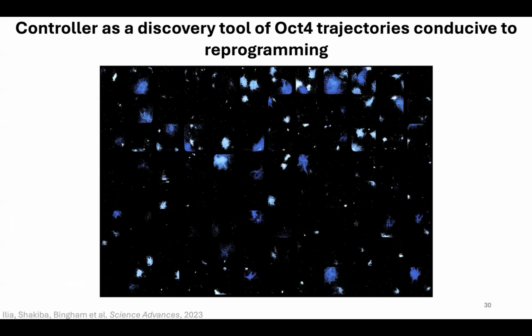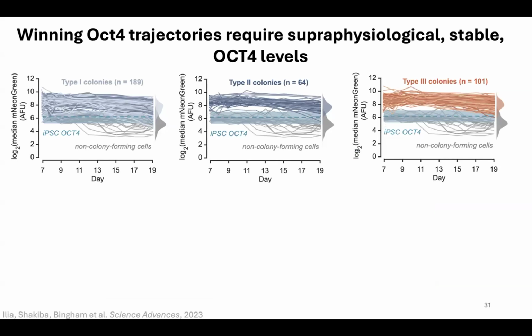So we took trajectories of each of these single cells and compiled them into temporal trajectories for type 1, 2, and 3 colonies. Something that is immediately popping up from this is that you can form a colony only if your OCT4 level, which is depicted on the y-axis, is keeping a constant value, which is at this optimal value that you see in these trajectories.